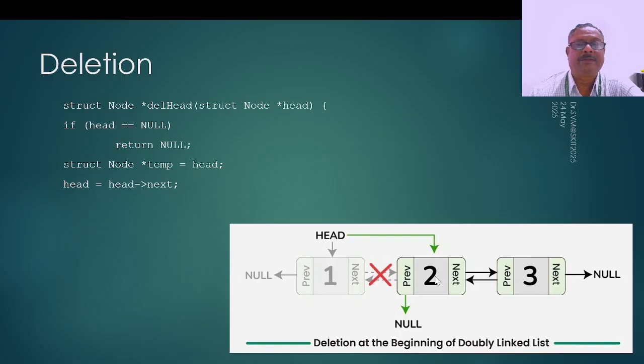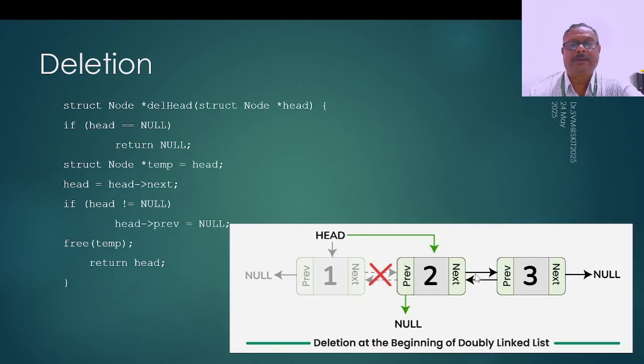So head's next is the second node, and the second node from now onwards will be called the head. And if this new one does exist, then its previous should be called null. And then free the memory allocated for the node which was called temp, and return the head back. So that's what we are supposed to do when we are deleting the head node.